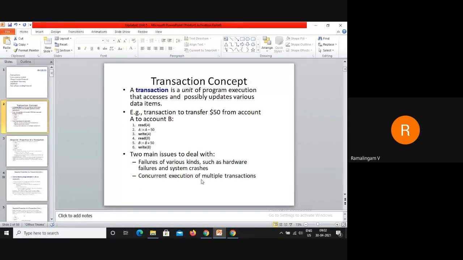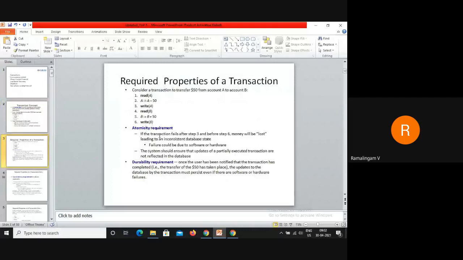It is also possible for multiple transactions to execute concurrently, that is, simultaneously accessing the same database. So how can we overcome these two issues? With the help of maintaining the ACID properties. So what are the ACID properties?